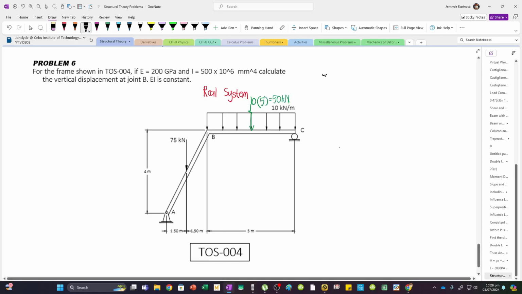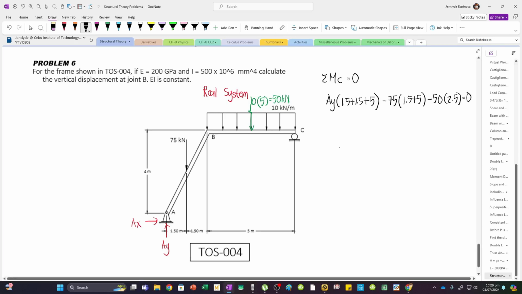And so, I can take moments about C to solve for AY. So, we have AY. We also have AX. So, setting this to 0, we have AY times 1.5 plus 1.5 plus 5 meters. And then minus 75 multiplied by 1.5 plus 5. And then minus 50 times 2.5.